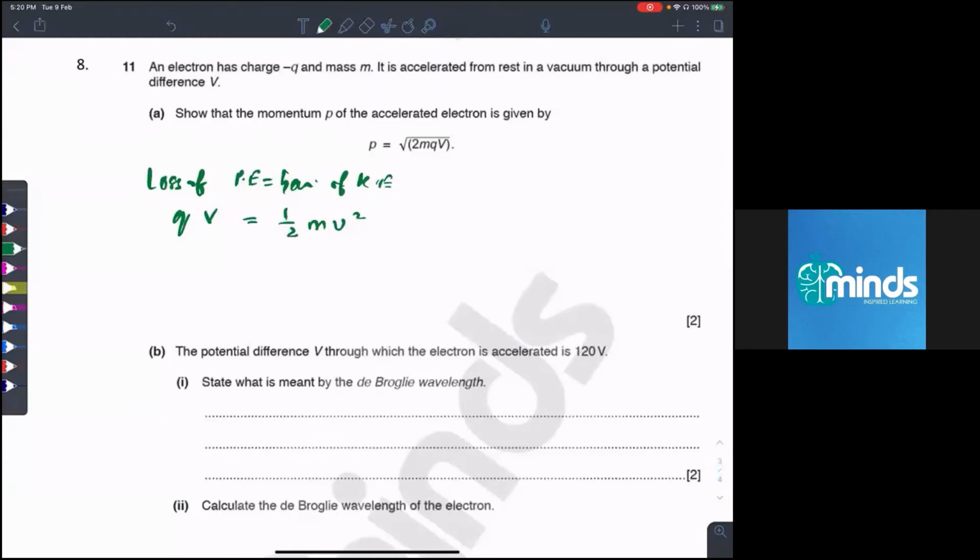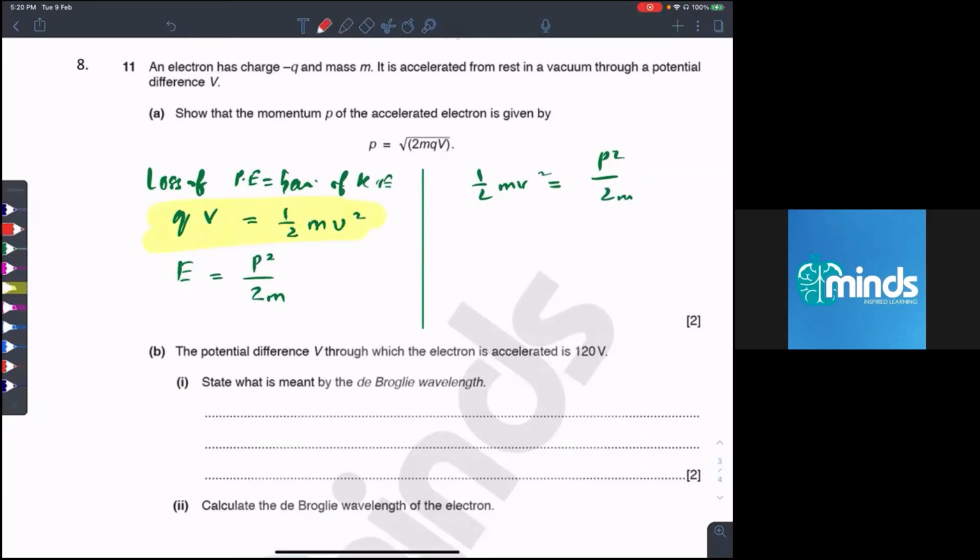It's quite possible you people remember the relationship between kinetic energy and momentum. Kinetic energy is given by P square divided by 2m. So instead of kinetic energy, I can use half mv square equal to P square over 2m. And I know that half mv square is actually equal to QV.